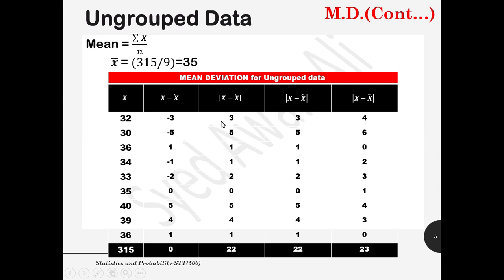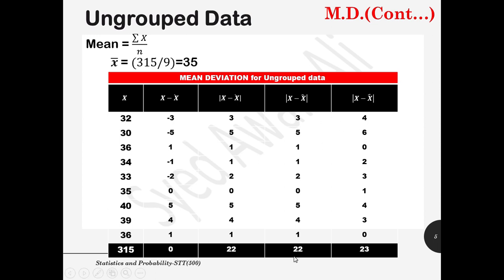Then we take the sum of the absolute values of x minus x bar, that is 22 here. Then we take deviation from the median. When you take deviation from the median, your values are here.